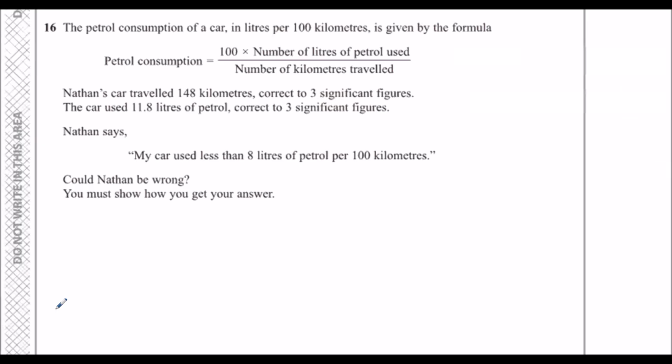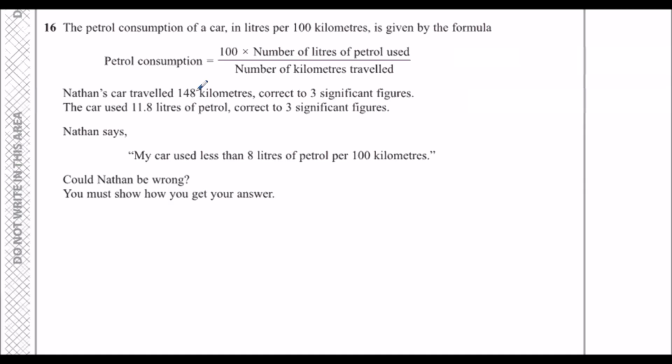Question 16. The petrol consumption of a car in litres per 100 kilometers is given by the formula: petrol consumption equals 100 times number of litres of petrol used divided by number of kilometers travelled.